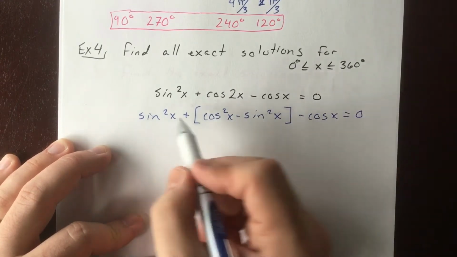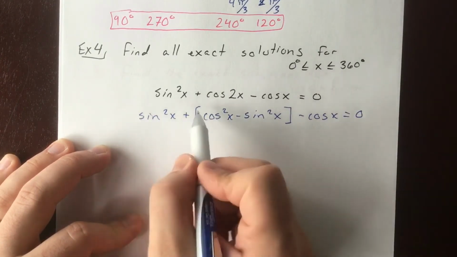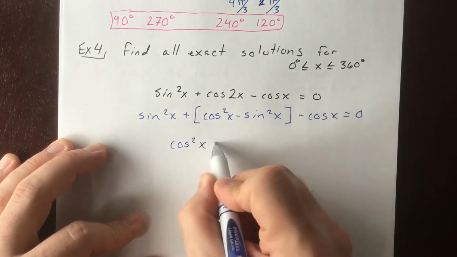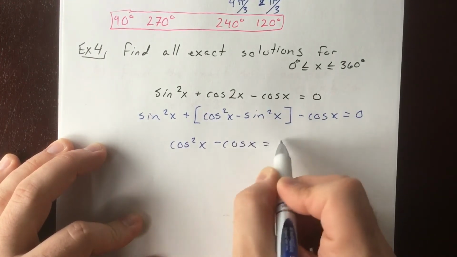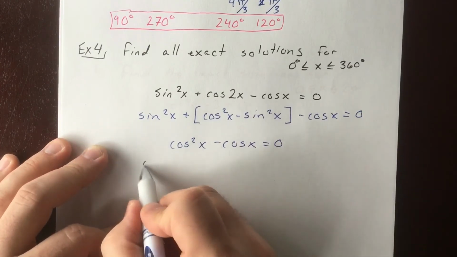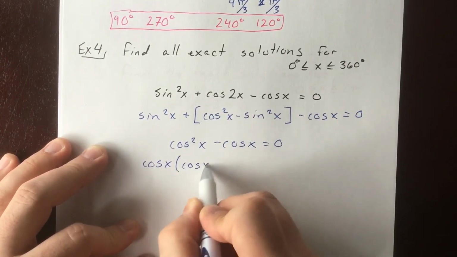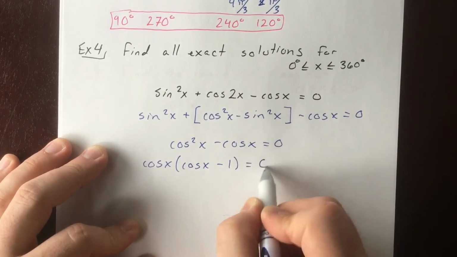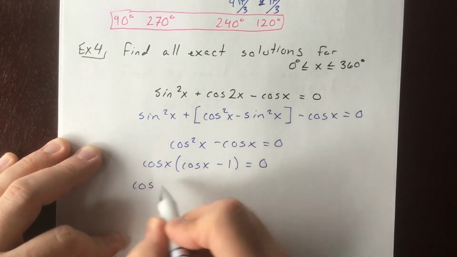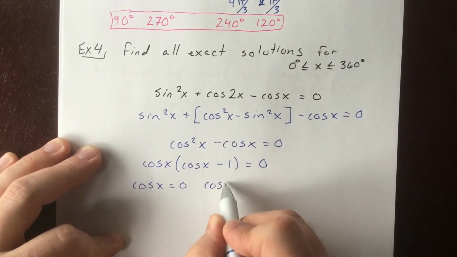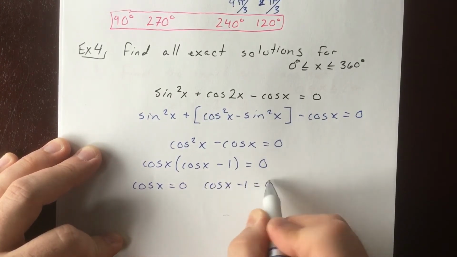Okay. So yes, we have sine squares canceling, giving us cosine squared x minus cosine x. Common cosine, we can factor that out, giving us cosine x times cosine x minus 1. All right, cosine of x equals 0, or cosine of x minus 1 equals 0.